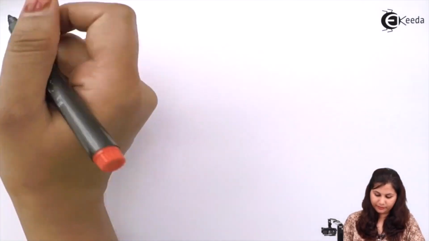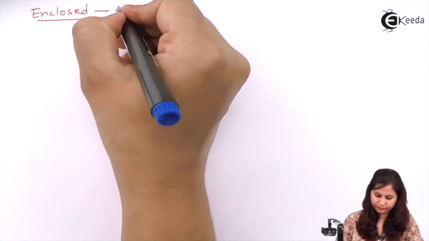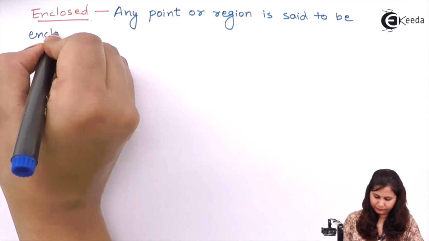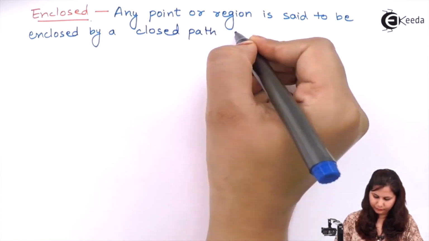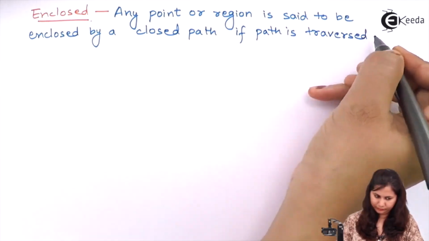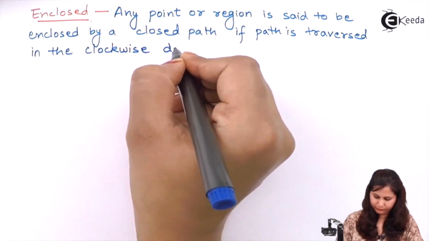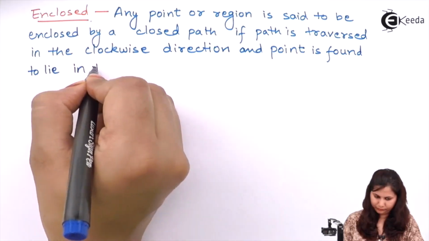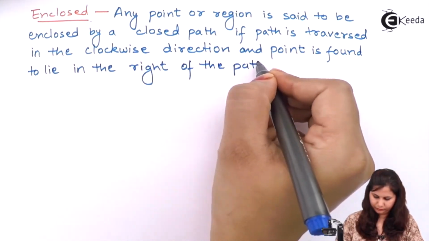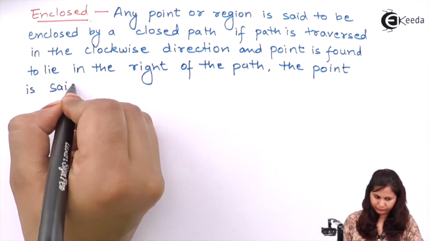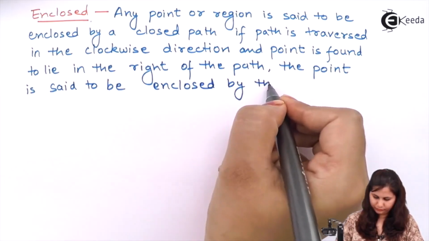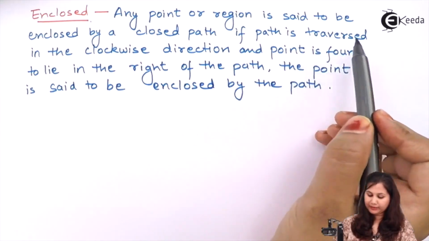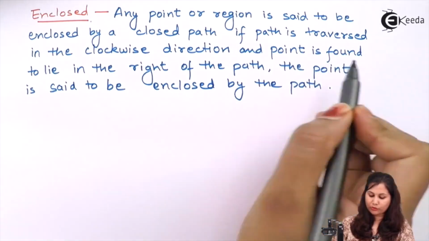Next is enclosed. Any point or region is said to be enclosed by a closed path if that path is traversed in the clockwise direction and the point is found to lie on the right of the path.